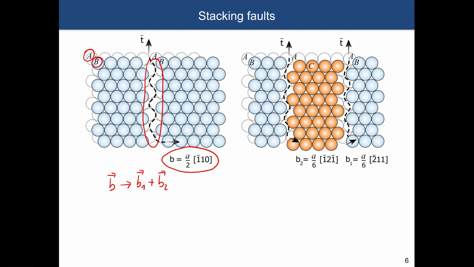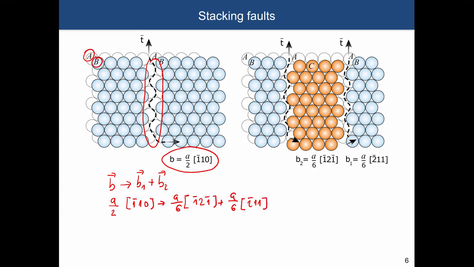There are two things that need to be satisfied. First, B1 plus B2 has to be equal to B. So the total Burger's vector has to be preserved. We can see that, for example, the Burger's vector a/2 [1 bar 1 0] is equal to a/6 [1 bar 2 1 bar] plus a/6 [2 bar 1 1].